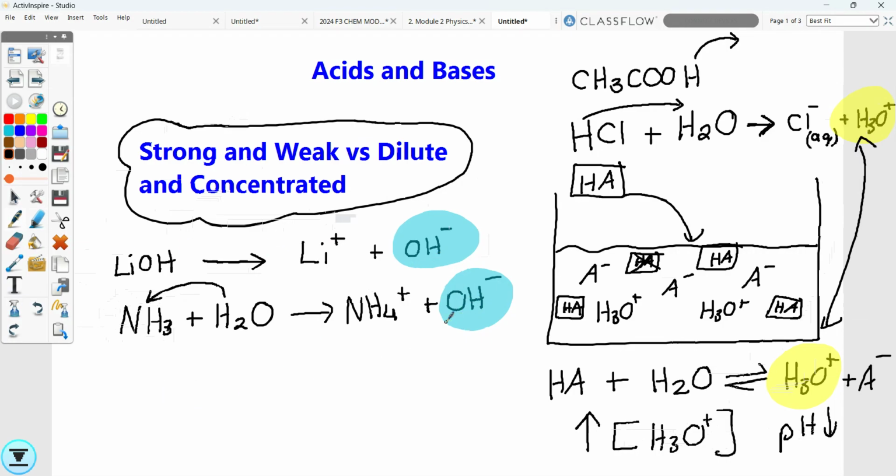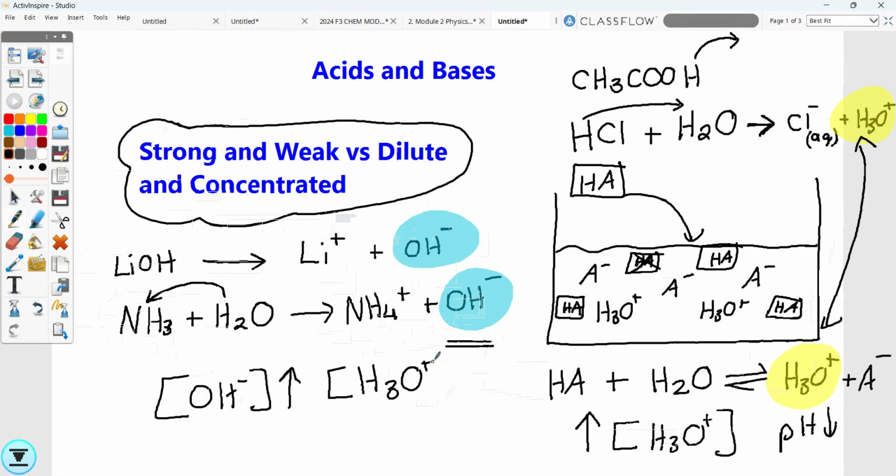If the concentration of OH minus is high, because these two are inversely proportional to each other, it will immediately tell you that the H3O plus concentration must be lower. And if the H3O plus concentration is lower, what is the pH going to be? Higher, showing that it's a base. So you need to know how the pH links with the concentration of the H3O pluses. Happy so far?